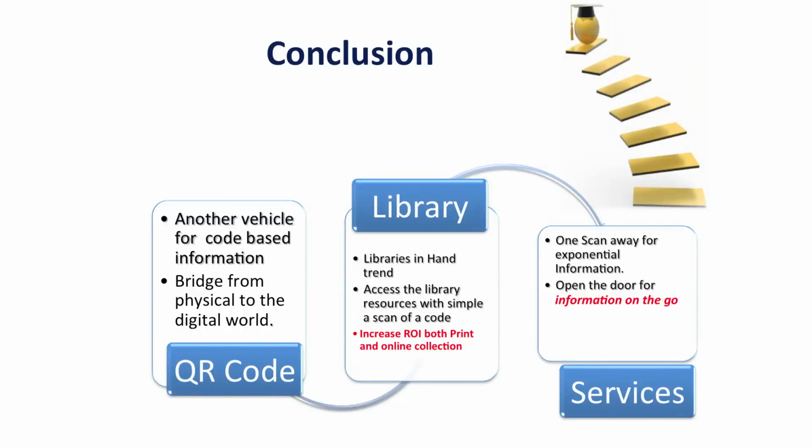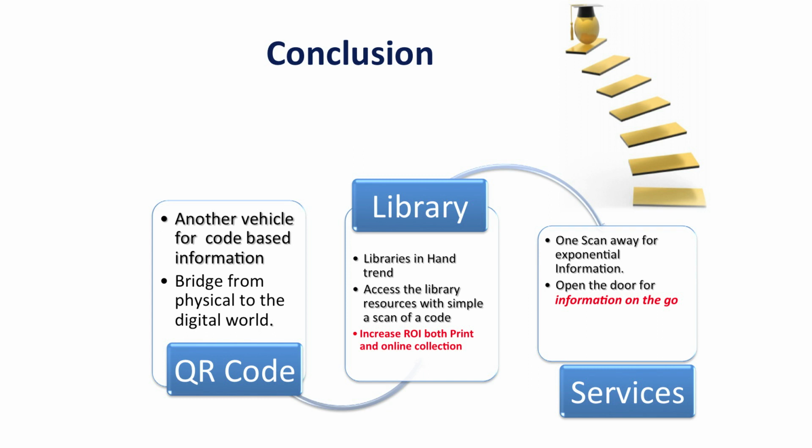At the end I will conclude in a simple manner, because QR codes are nothing but another vehicle for code based information services in library services. QR codes basically bridge physical resources to the digital world. From the library angle, this makes libraries hands-on and lets users access library resources with a simple scan of a code.